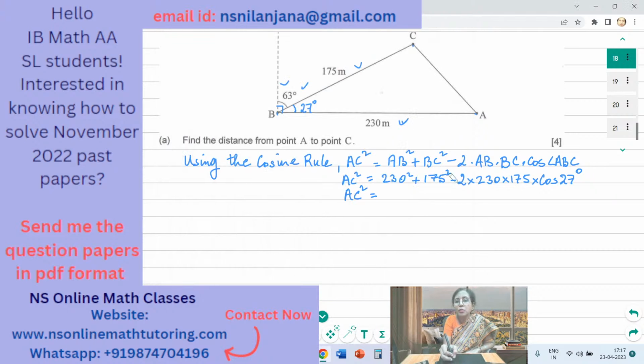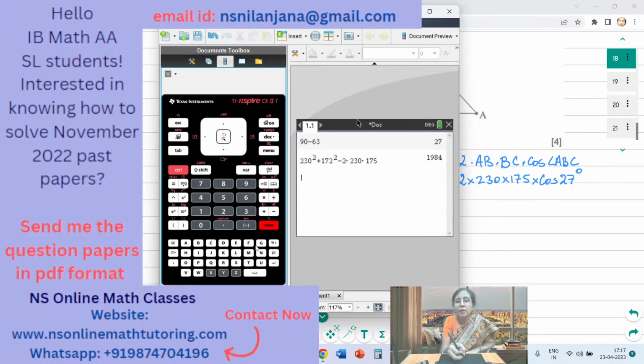I have taken 170 in place of 175. Okay, let us start once more. 230 squared plus 175 squared minus 2 times 230 times 175 times cos 27, and it is in degrees.